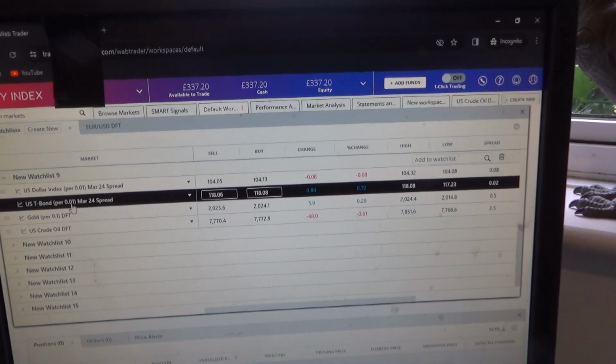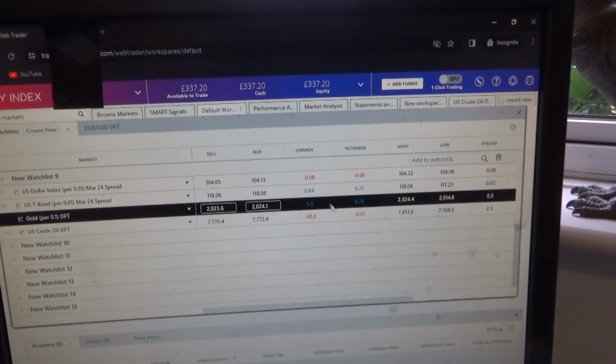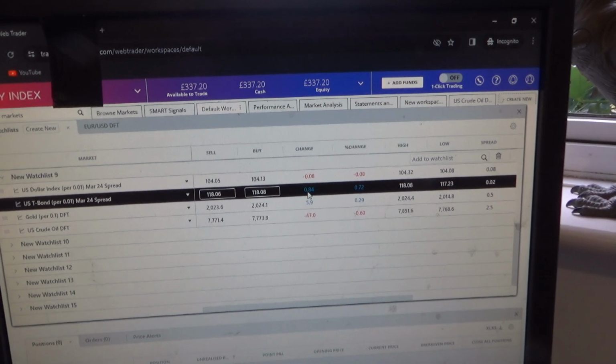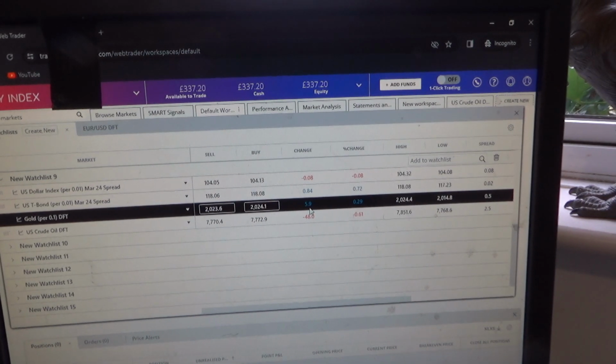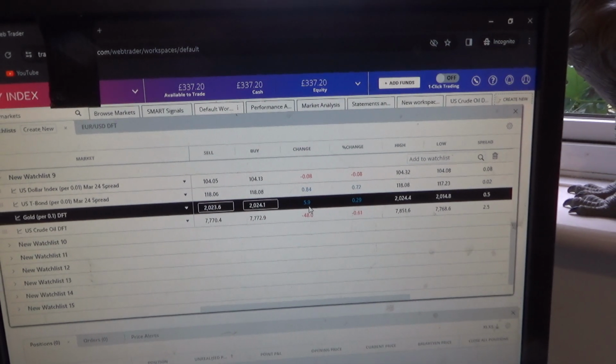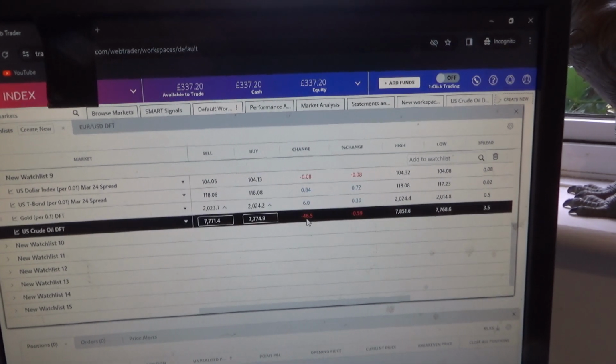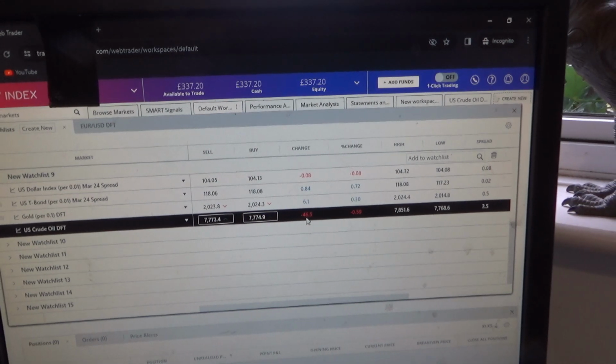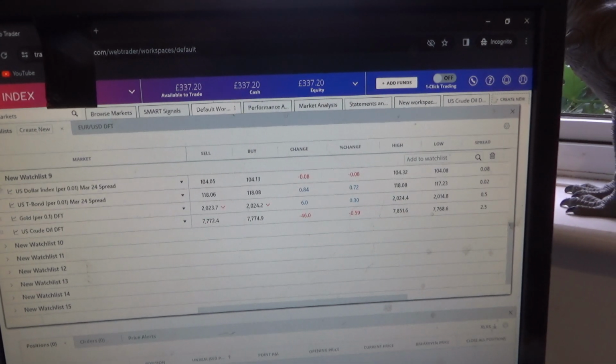And you've got UST bonds which are up, so yields are down there. Gold is slightly positive, so that's inverse. So we've got a weak dollar. And crude is doing its own thing at minus 46. So that's where we are there.